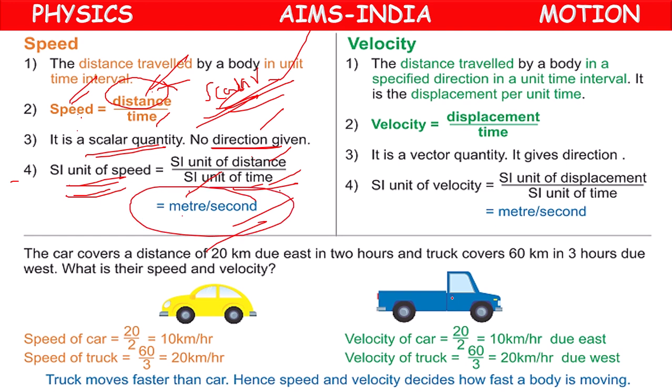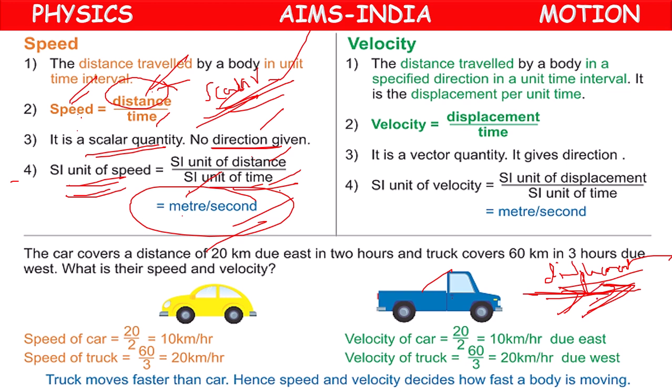Suppose the truck is traveling in a straight line, so whatever journey it has traveled, it is considered as displacement, not distance, because it is going in a definite direction along a straight line. The car has covered displacement.